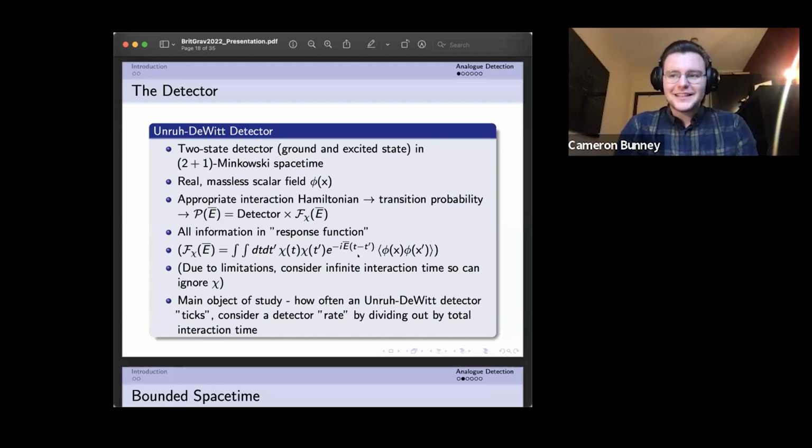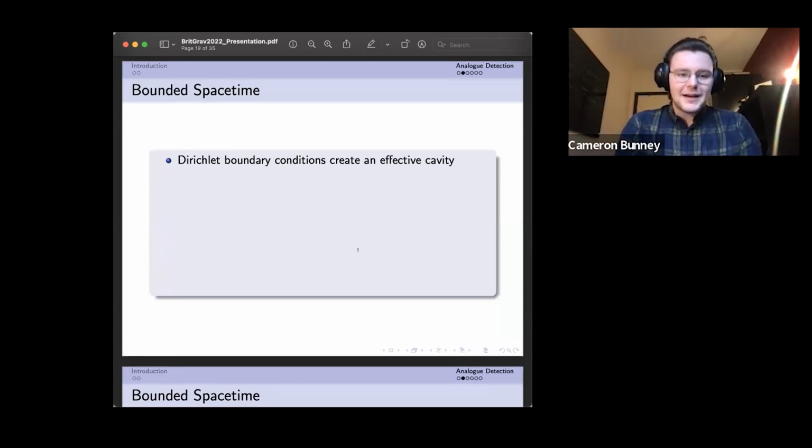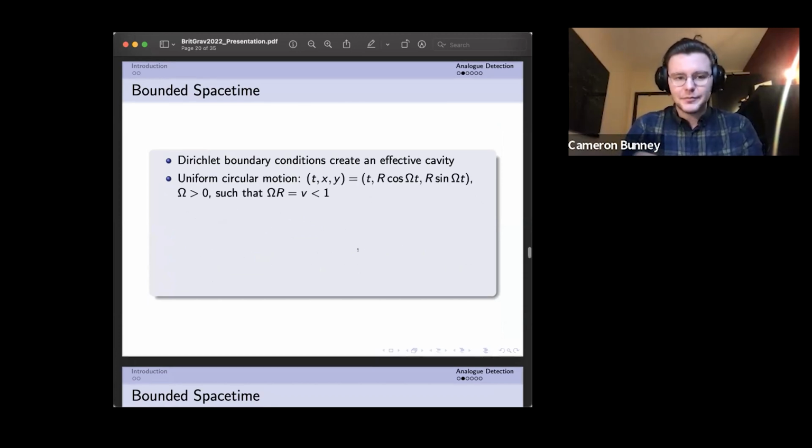So you can take this as a variable and easily divide out by the total interaction time. Now, if we take this entire scheme and apply it to the case of, for example, a bounded spacetime, this would be when we impose Dirichlet boundary conditions on our field phi, in particular on the field modes, to create an effective cavity at some radius that we will call r equals a.